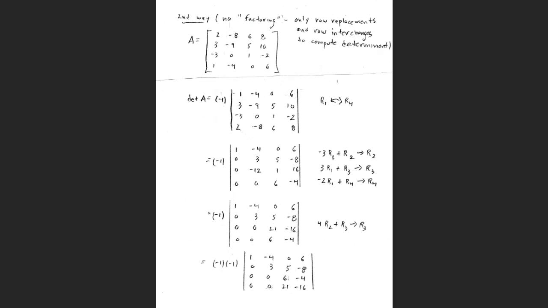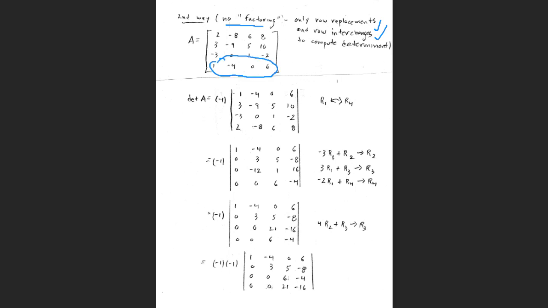The second way involves no factoring, only row replacements and row interchanges to compute the determinant. So I like the bottom row because the 1 is a pivot.